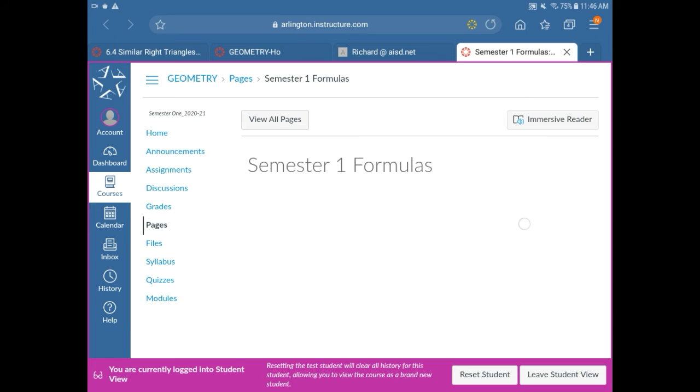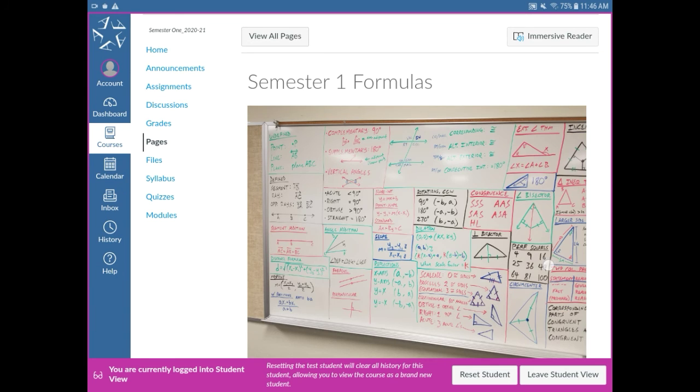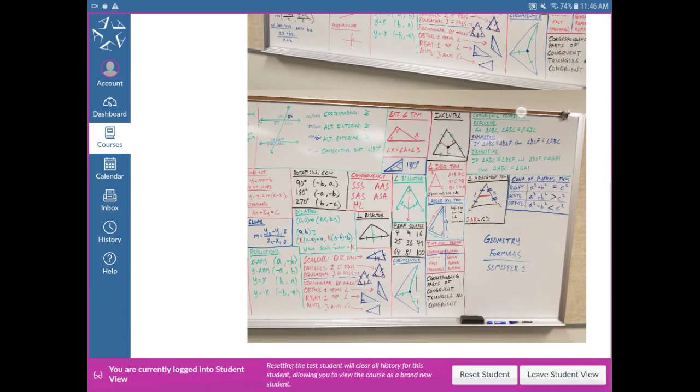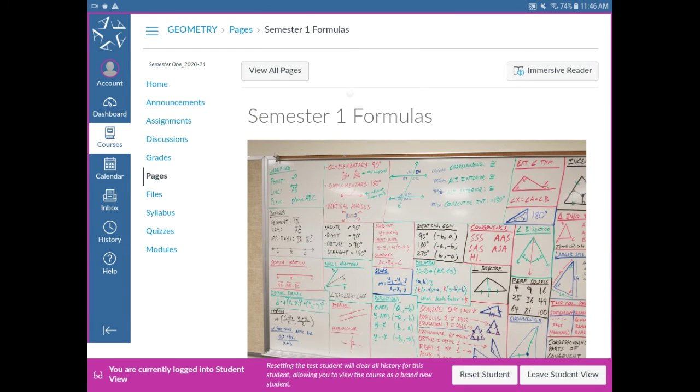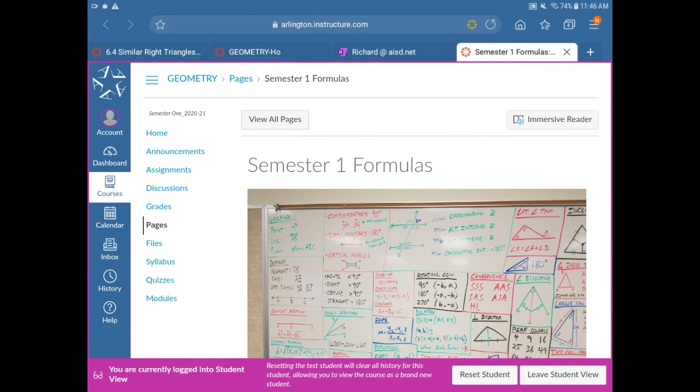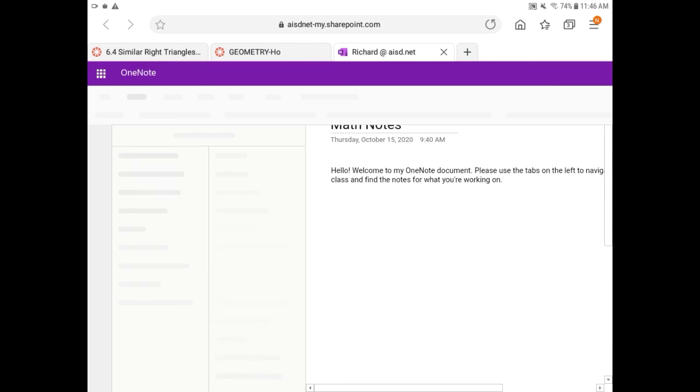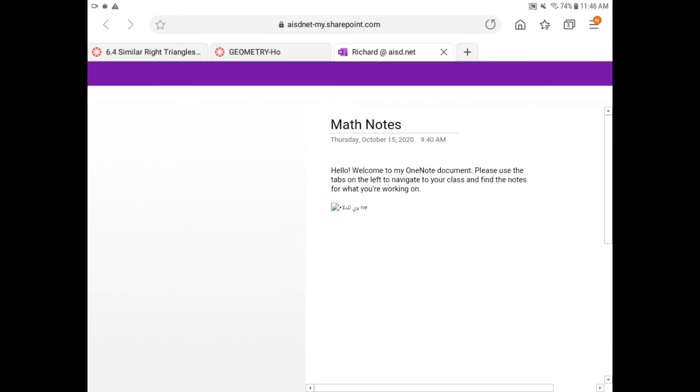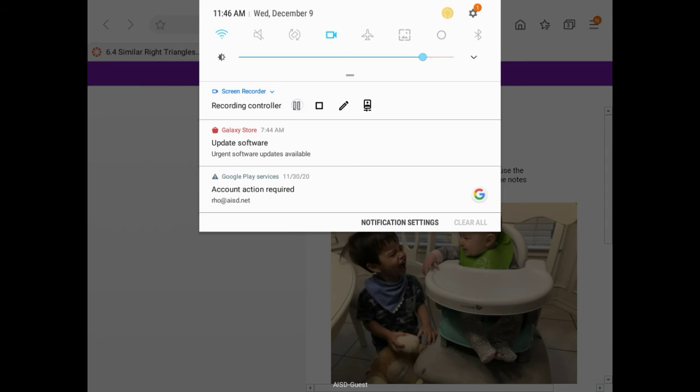Back when we did it this time, it was semester 2. So I'm going to ignore this, close that, go back to the notes. It's going to be 6 point something.